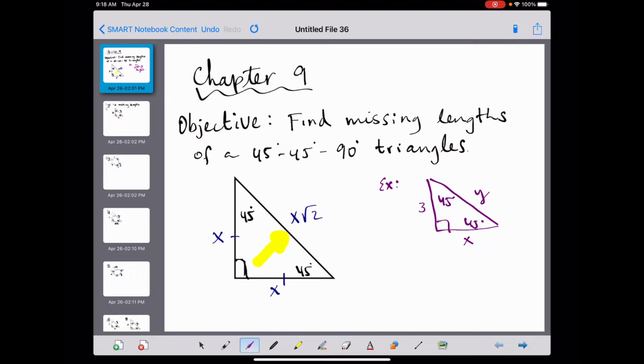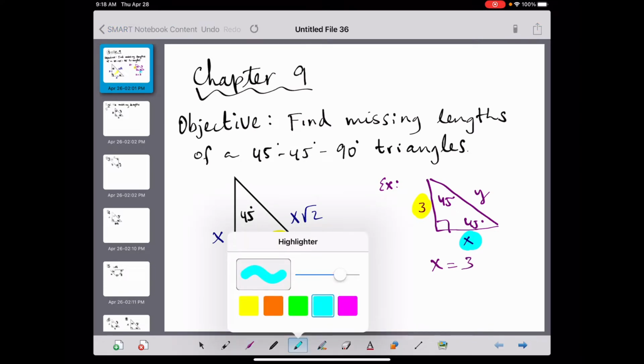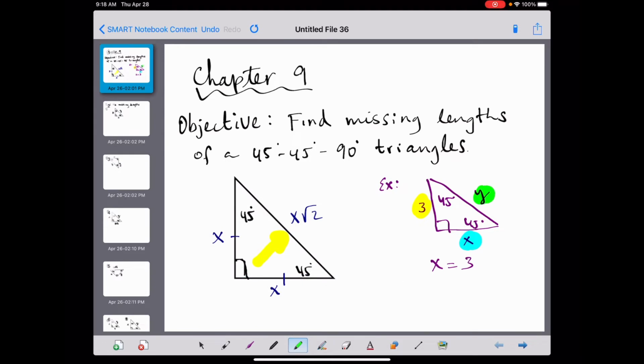So when I apply the pattern from here, if this side is 3, then this side right here must also be 3 because they're the same size. And this side right here is going to be 3 square root of 2.